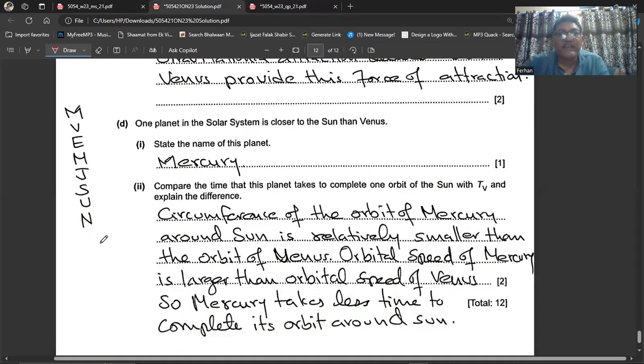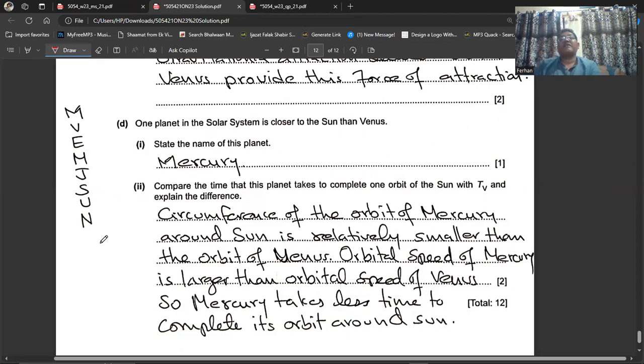Then the question is, compare the time that this planet takes to complete one orbit of the sun with the time period of the Venus around the orbit and explain the difference. You see, the orbit of the Mercury is smaller as compared to the circumference of the orbit of the Venus, plus the orbital speed of the planet Mercury is larger as compared to the orbital speed of the Venus.